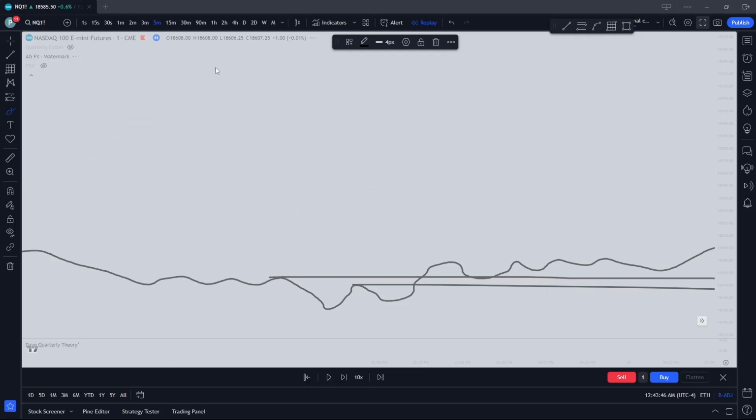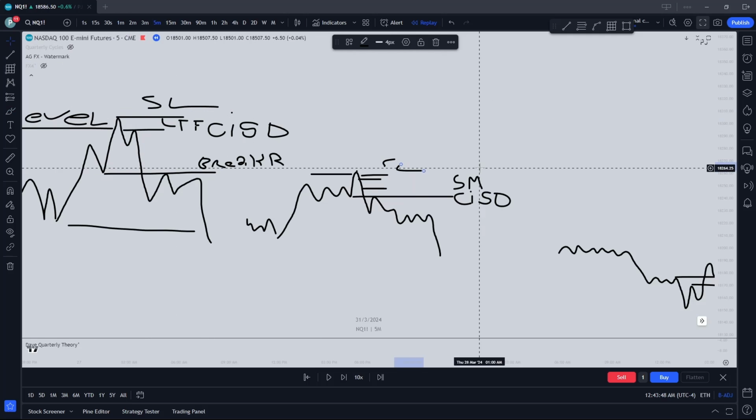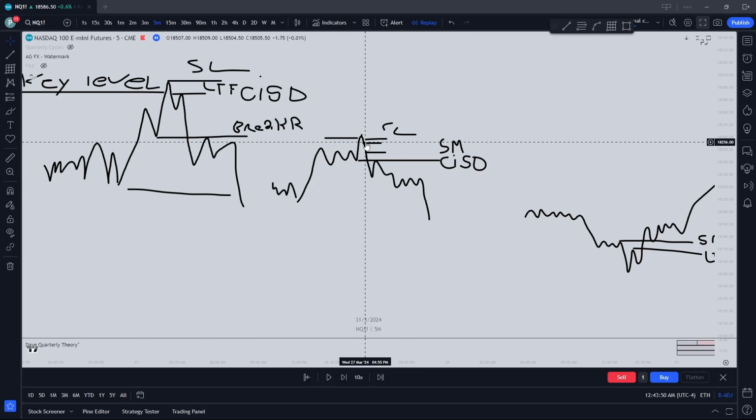And if the market structure is showing you that we're reacting quickly from our high time frame key level, it's a less risky sell, because you have a small time frame accumulation up here, then a second leg.